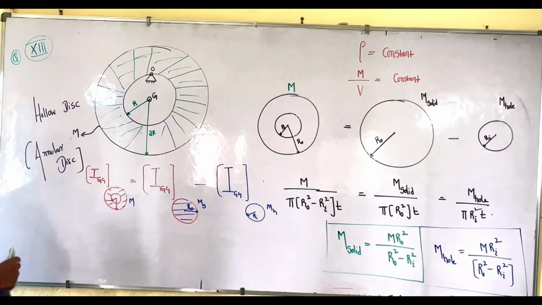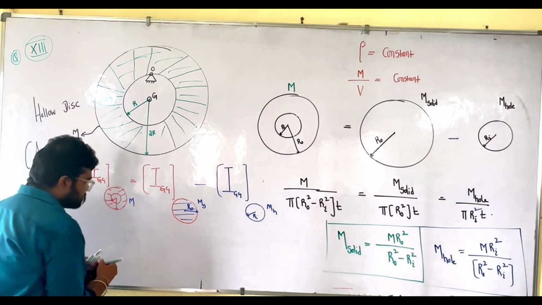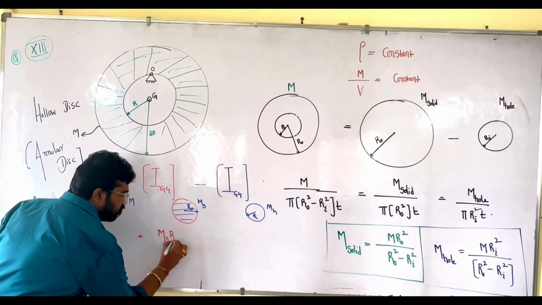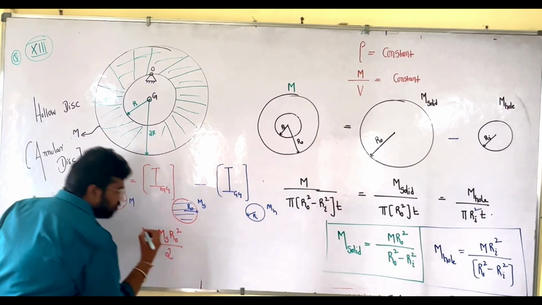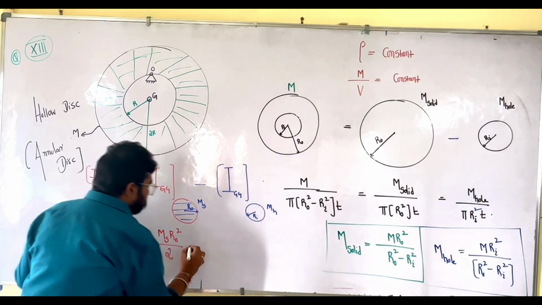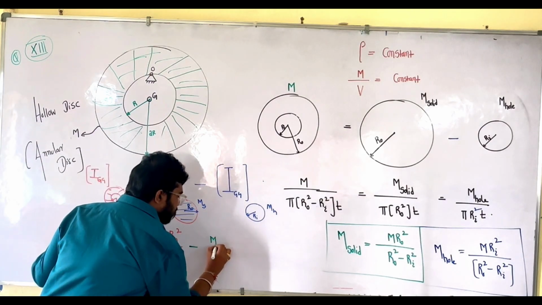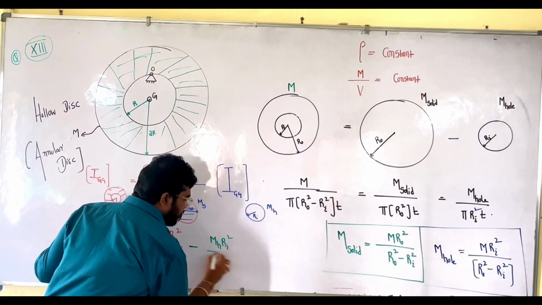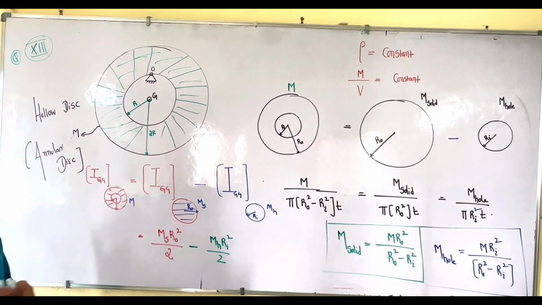Now tell me how much is obtained: mass of the solid into outer radius square by 2, minus mass of the hole into R inner square by 2. Clear?